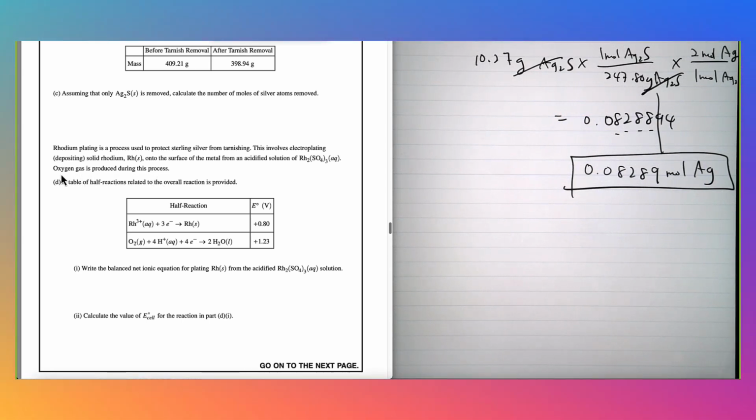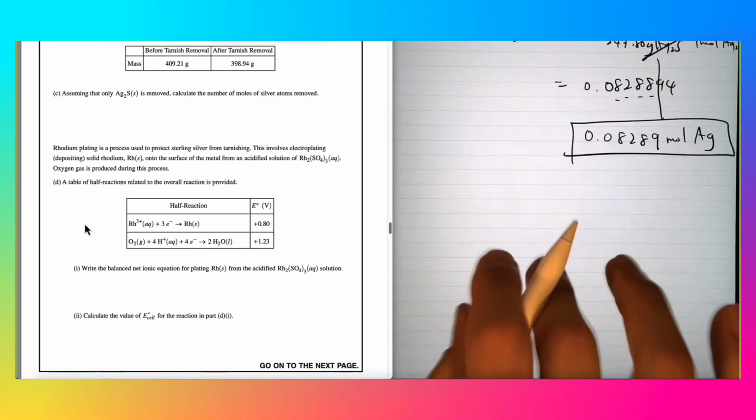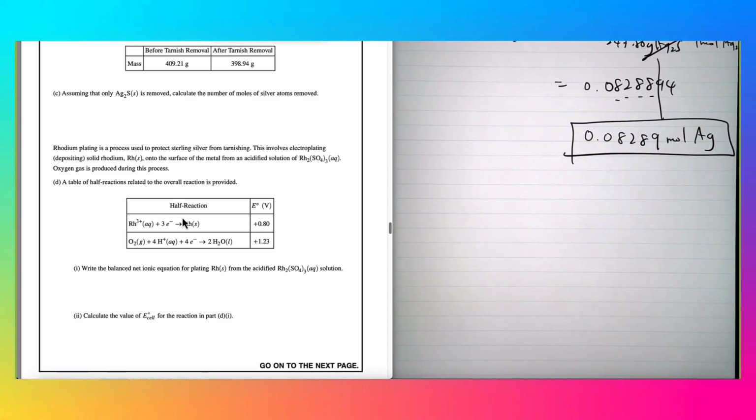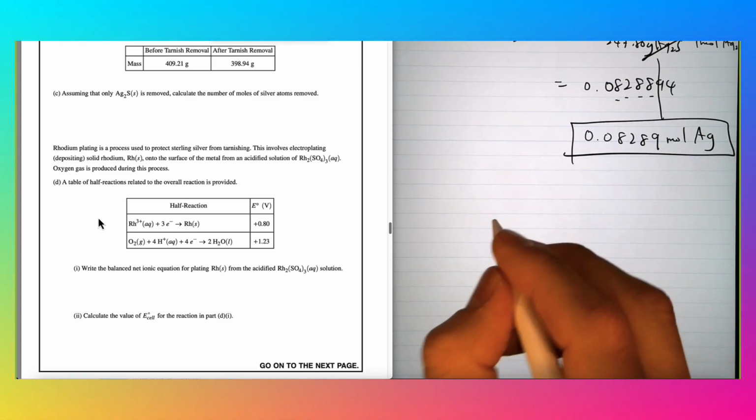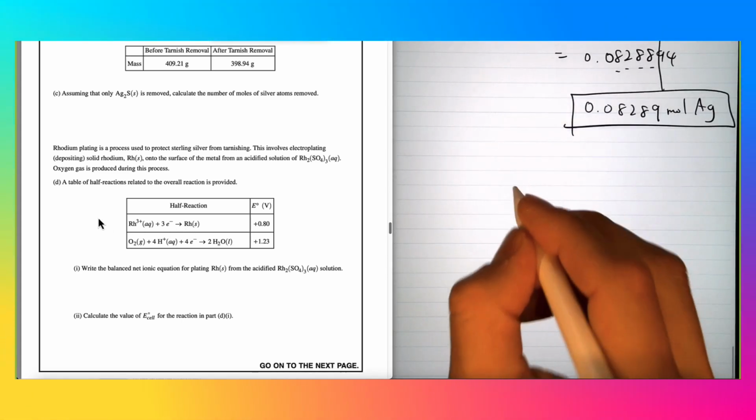Now they told us oxygen is produced, but we have oxygen in the reactant, so they need to be flipped. Whenever you flip the half reaction, the E cell will also change the sign. So we are trying to get this pure plating of rhodium. So we keep the top half reaction intact.